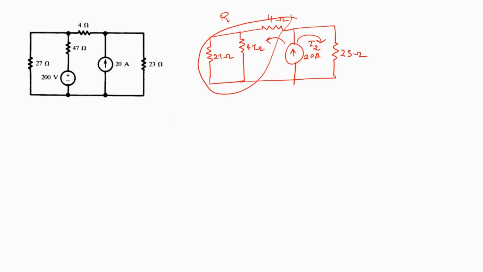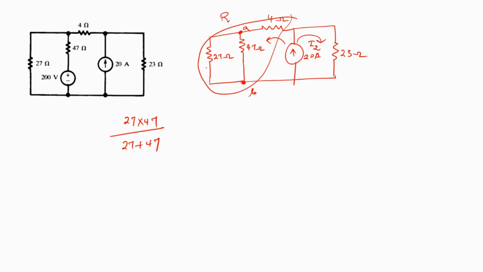If I see the 47 ohms and the 27 ohms are connected across the points AB, which means they are parallel to each other. Therefore, that can be written as 27 into 47 divided by 27 plus 47. So this is the resistance of these two branches put together.